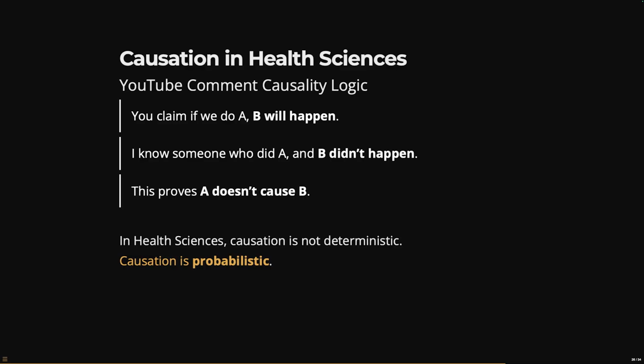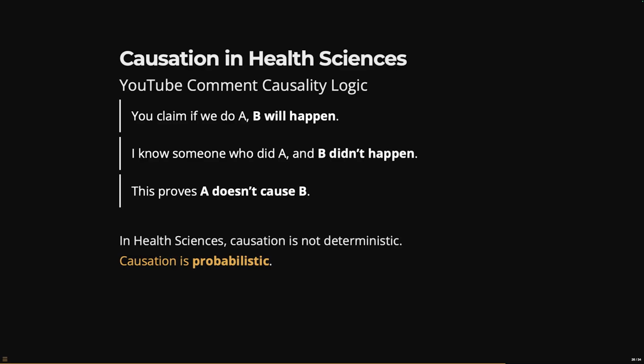So anecdotes, essentially. Yeah, in a way, but I think it's more than that, because what I want to explain more clearly in this section is that in the health sciences, causation isn't deterministic, it's probabilistic.